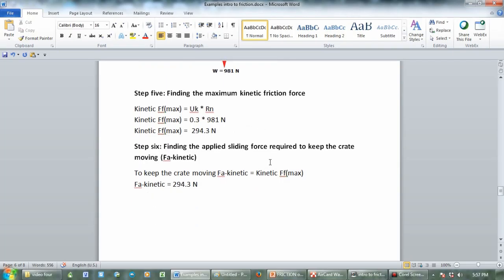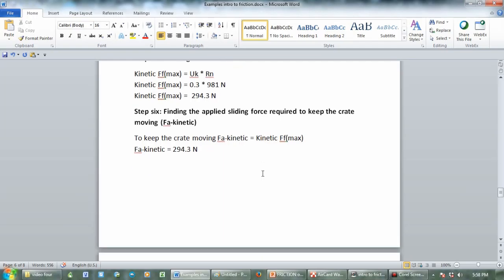Finding the applied sliding force required to keep the crate moving. We're going to call that the applied force kinetic, FA kinetic. To keep the crate moving, FA kinetic equals the maximum kinetic friction force. So, FA kinetic will equal 294.3.